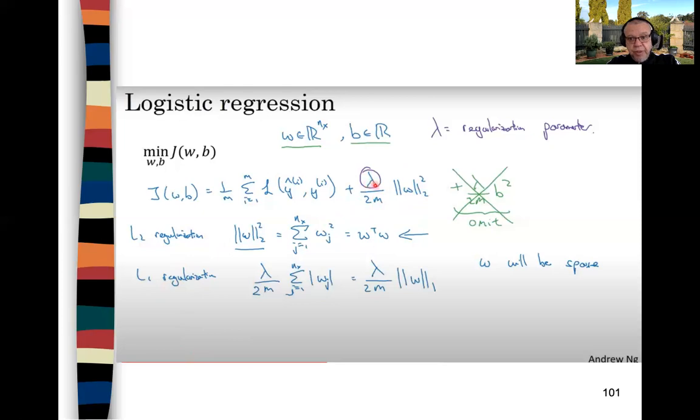This parameter gives you a compromise between minimizing this term and the other one. So this is the regularization parameter. Instead of using an L2 norm, you can use the L1 norm, okay? And this will give you the L1 regularization.